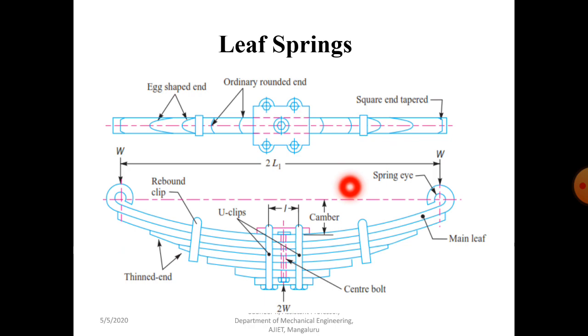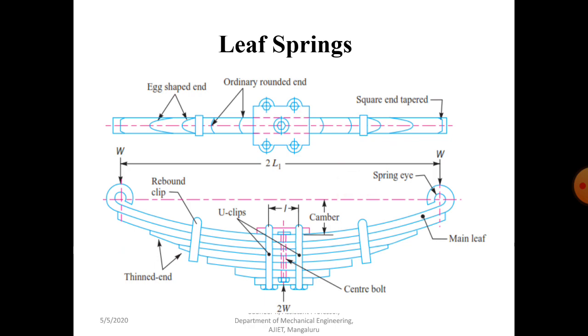So, some of the leaves are of the same length, extra full length. Those leaves we call extra full length leaves. How many extra full length leaves there are is given by small letter i.